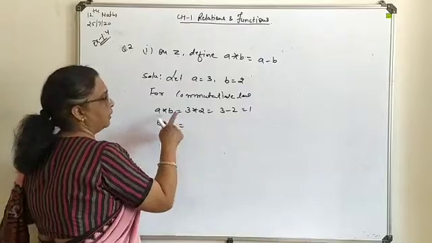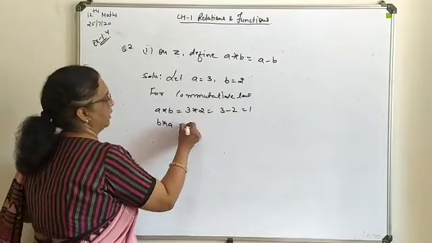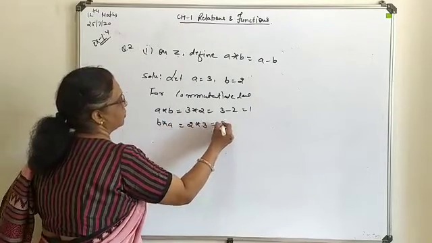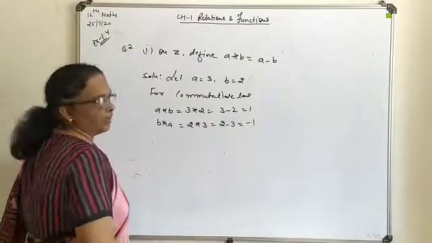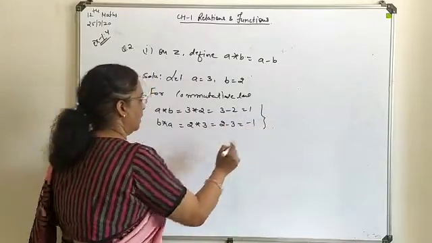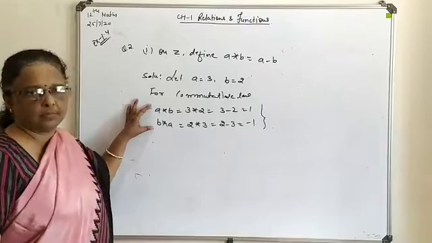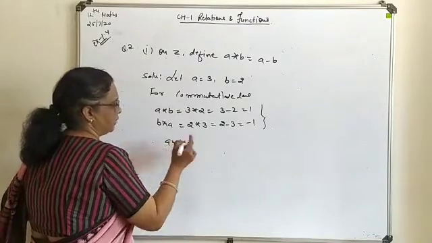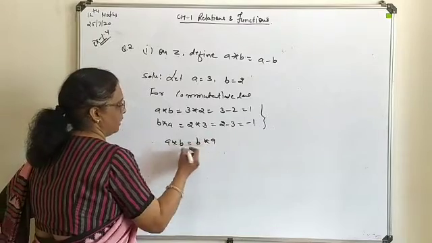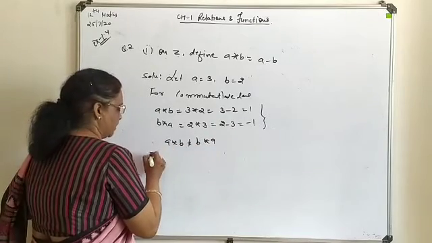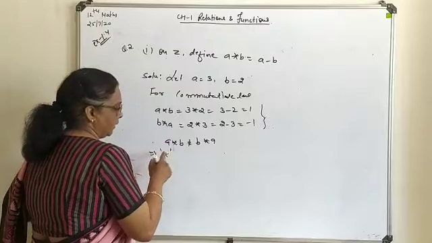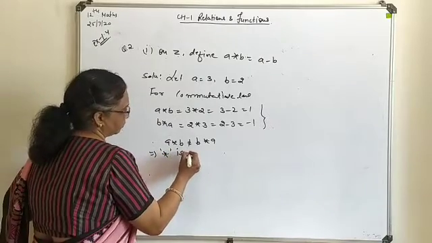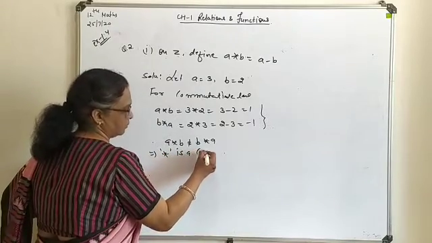B operate on A means you follow the reverse order, so it will be 2 minus 3, the answer is minus 1. From here you can say these two are not giving you the same solution, meaning A operate on B is not the same as B operate on A. That means this binary operation is not commutative.